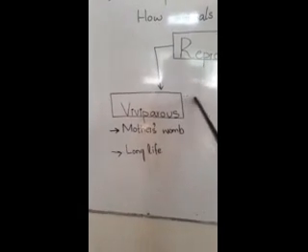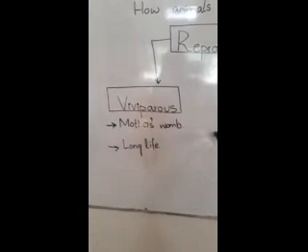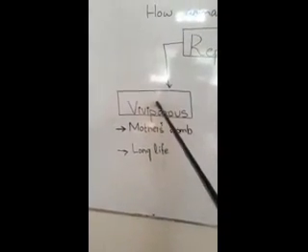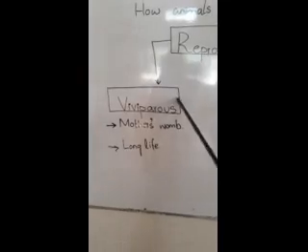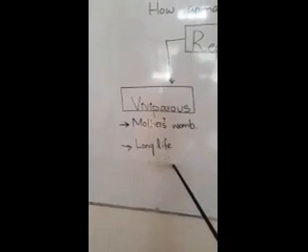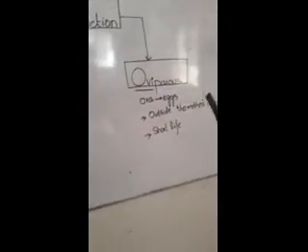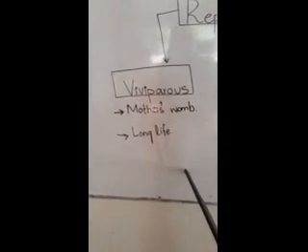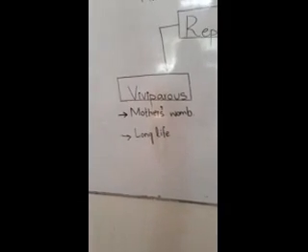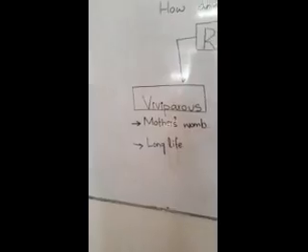Delivery of the baby takes place under the category viviparous. And the babies have a very long life as compared to the oviparous. Viviparous animals live a long life as compared to the oviparous.